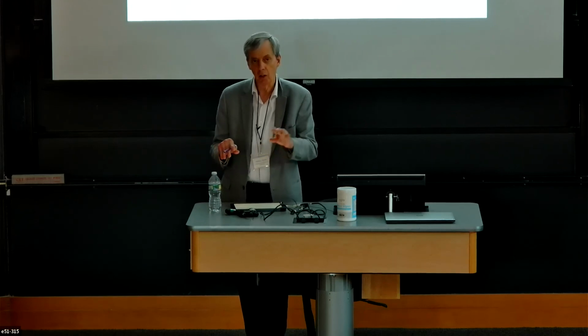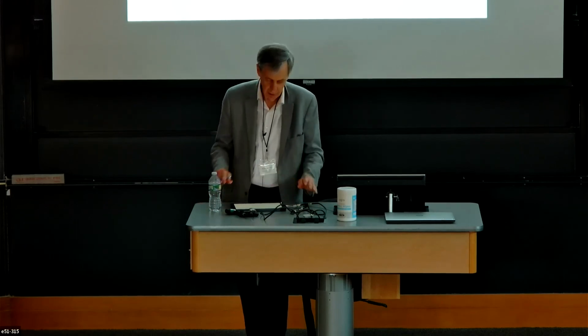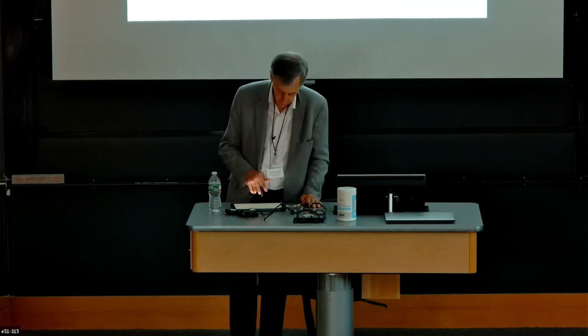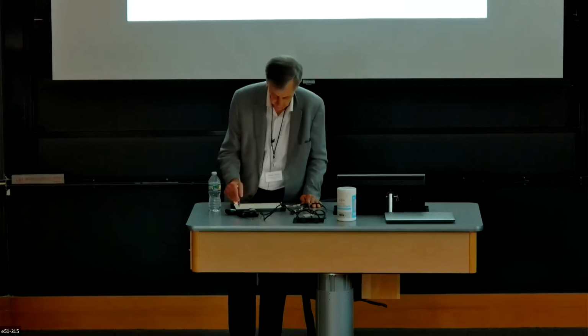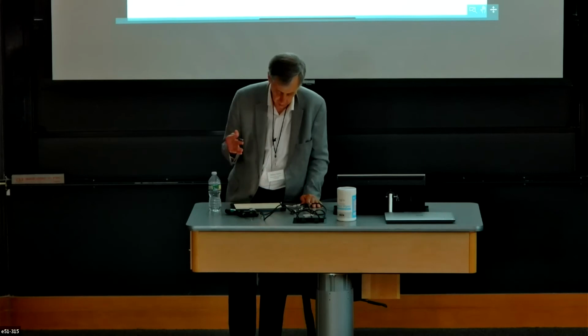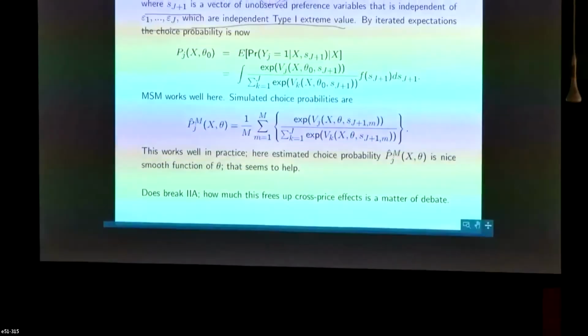The epsilons are still going to be type 1 extreme value, but then there's some other unobserved component of the utility. One way to write that, and this is not standard notation, is a vector of unobserved preference variables S_j that's independent of epsilon 1 through epsilon j, which are still independent type 1 extreme values. And then you put this unobserved thing in that part of the utility.